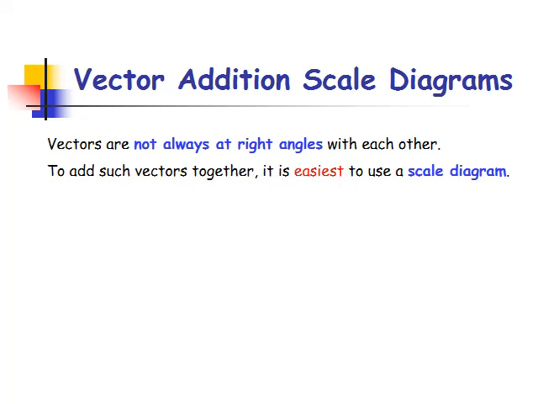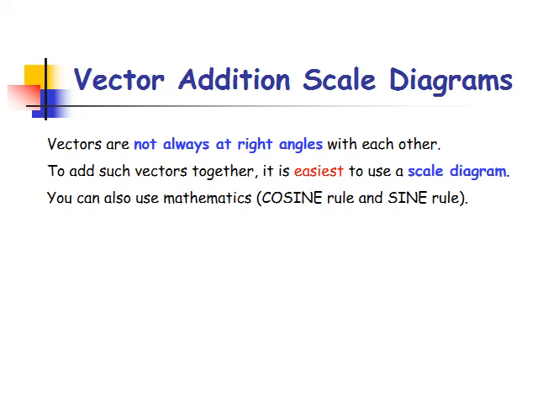To add them up, it's easiest to use a scale diagram, but it is possible to use mathematics. Because they're non-right-angled triangles, you need to use the cosine rule and the sine rule. You are not given these relationships, so you need to remember them if you're going to use them. I would again recommend the scale diagram.